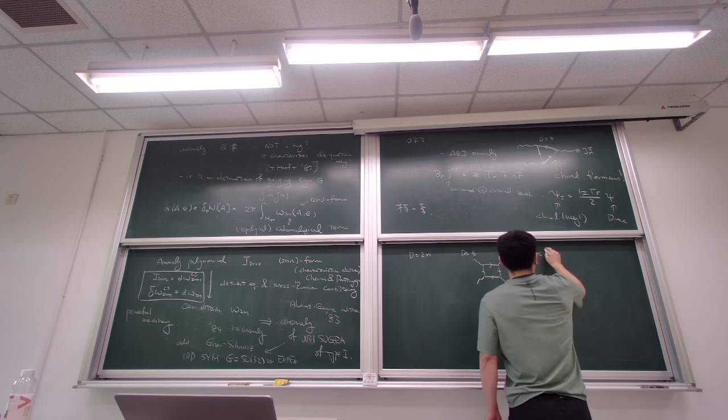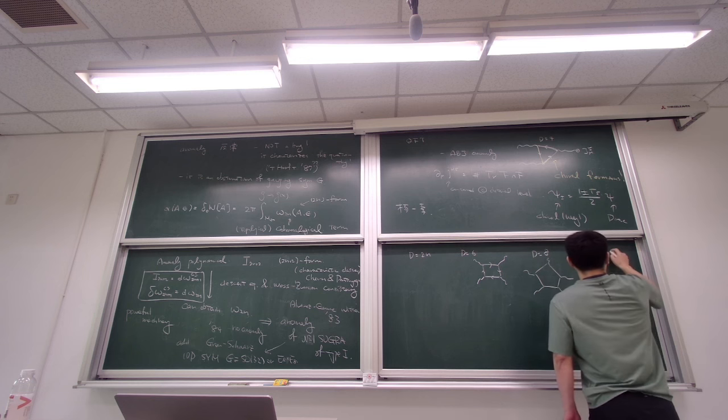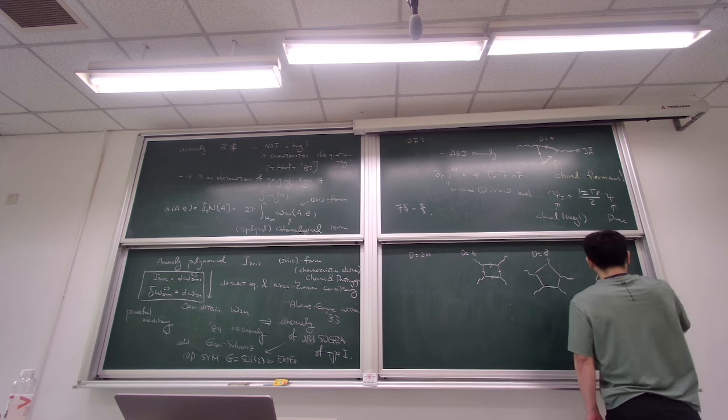For d equal to 8, it becomes a pentagon, and you need to compute this kind of loop diagram, and d equal to 10 is the hexagon.